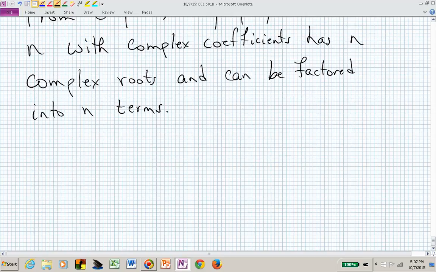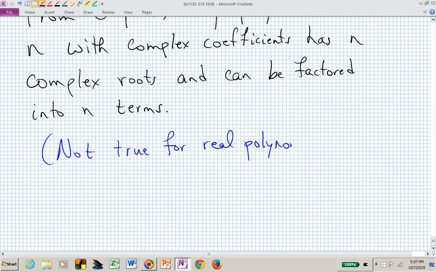And that's true only because we're dealing with complex coefficients, complex polynomials, or the field of complex numbers. That's not true for real polynomials in general.